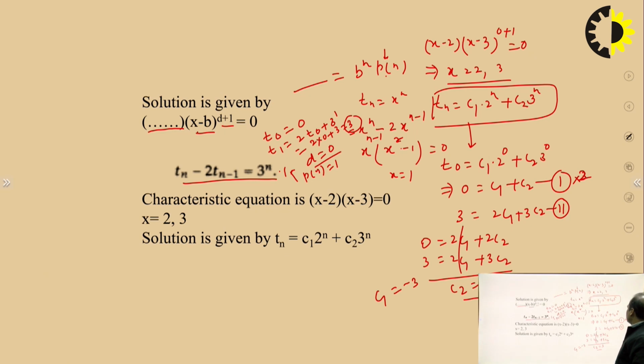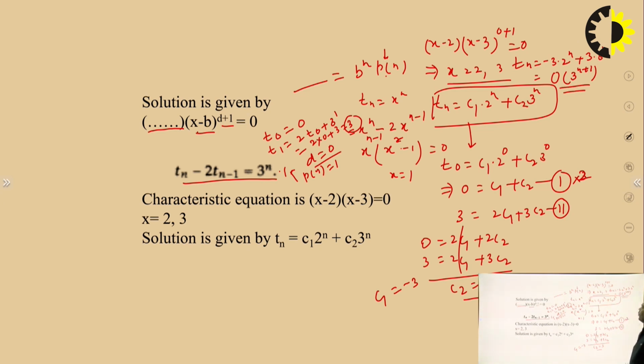So the solution will be T(n) equal to minus 3 times 2 to the power n plus 3 times 3 to the power n. In fact, this is big O of 3 to the power n plus 1 actually.